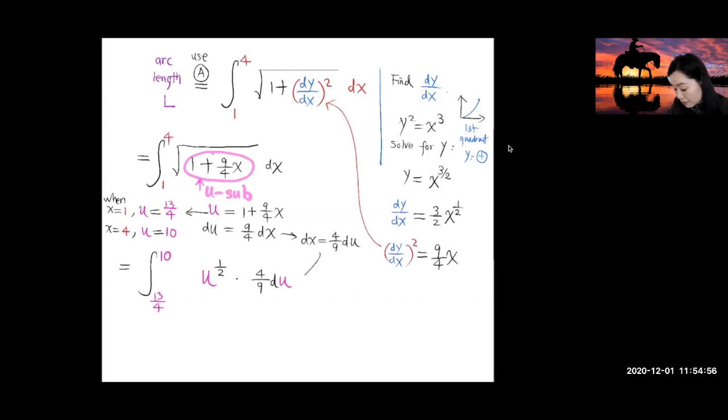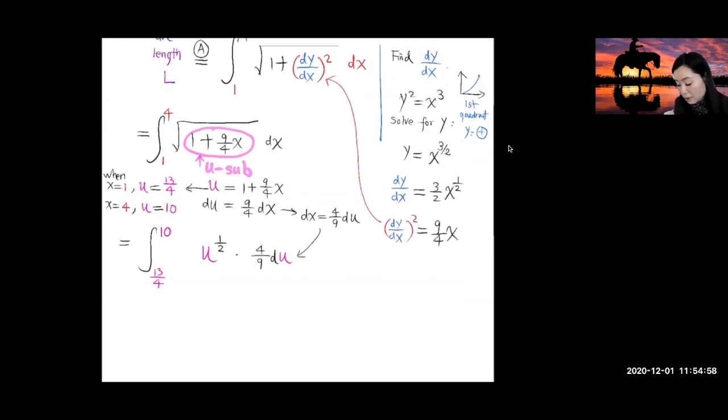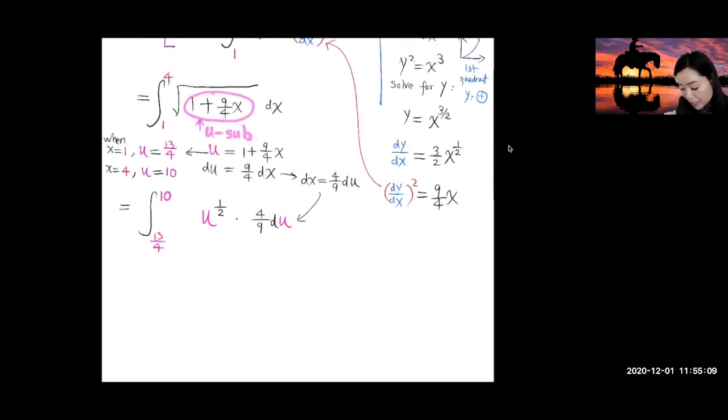This is an integration with respect to u, so u changes from this limit to this limit. Now we take out the 4 over 9.